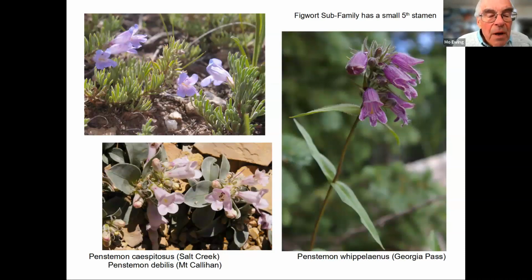But on this one, Penstemon debilis, which is on Mount Callahan, a rare plant, has 3 lobes down and 2 lobes up. And then Penstemon whippleanus, you can see the 3 lobes down, 2 lobes up. The united sepals are way down in here, united petals.